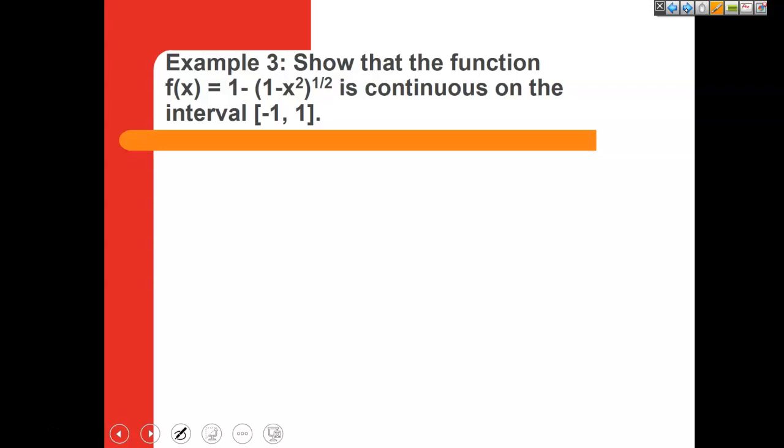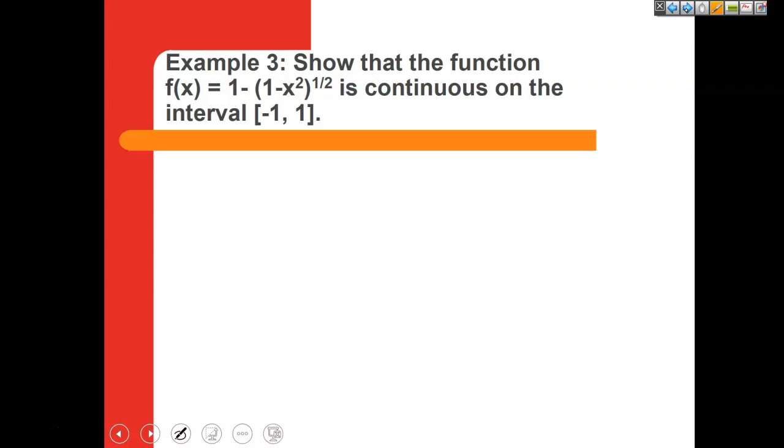Here is the function: 1 minus the square root of 1 minus x squared is continuous on the closed interval -1 to 1. So what type of function is this? It's a square root. The graph will be what shape? Kind of like a parabola. What does the negative in front of the square root do?